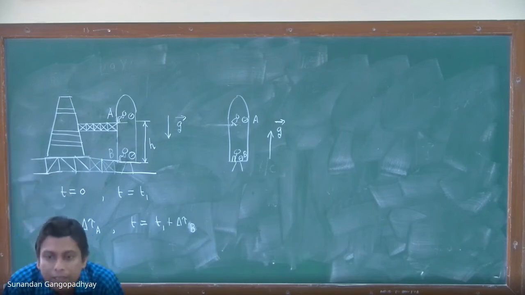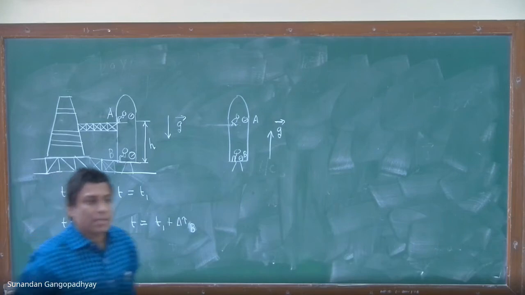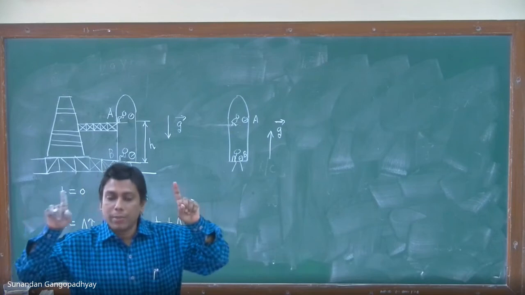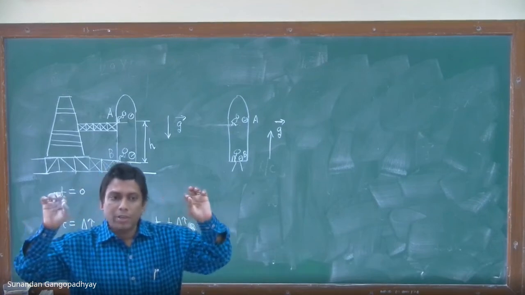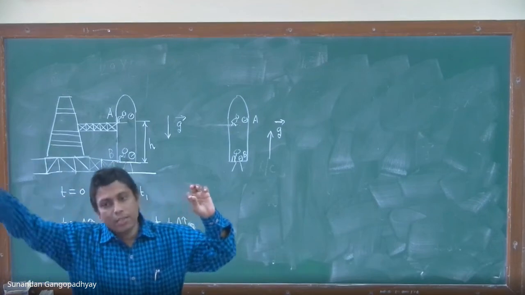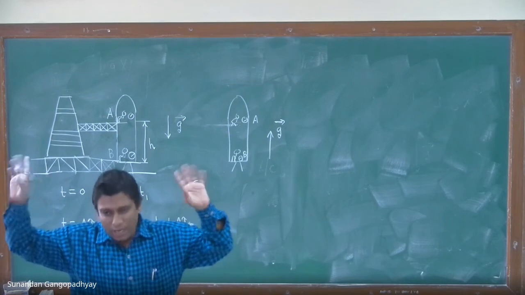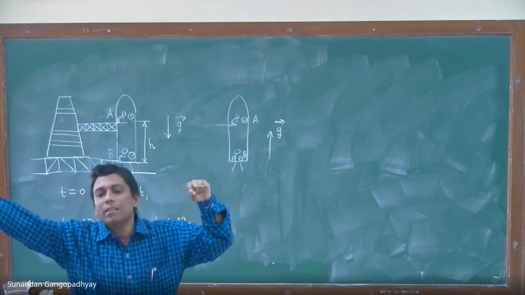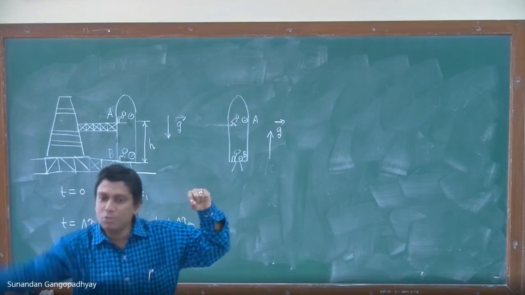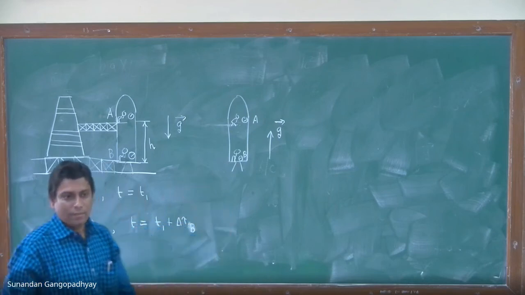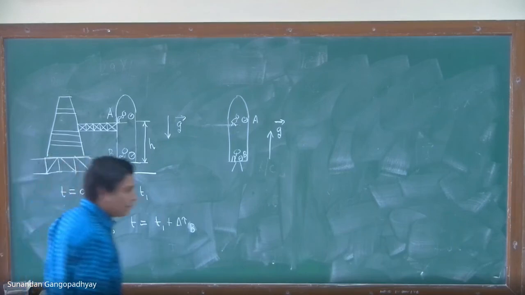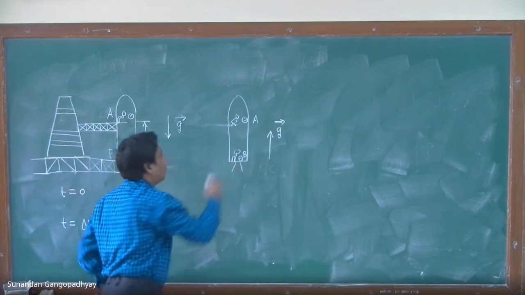Why I have not taken any gravitational field? Equivalent means a uniform gravitational field is equivalent to a freely falling elevator, which is zero gravity, but with uniform acceleration.